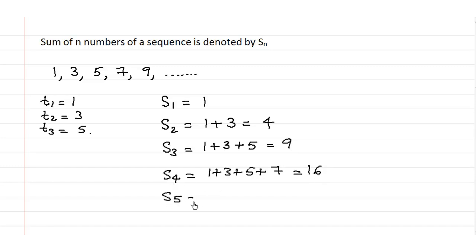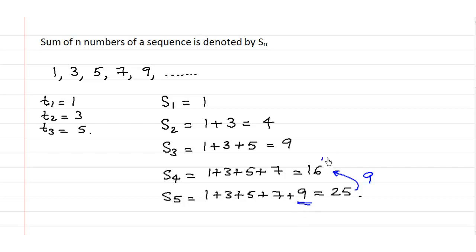Similarly, sum of 5 numbers is 1 plus 3 plus 5 plus 7 plus the next number 9, and 16 plus 9 is 25. Now, observe carefully. If you subtract 25 and 16, you get 9, which is this number 9.